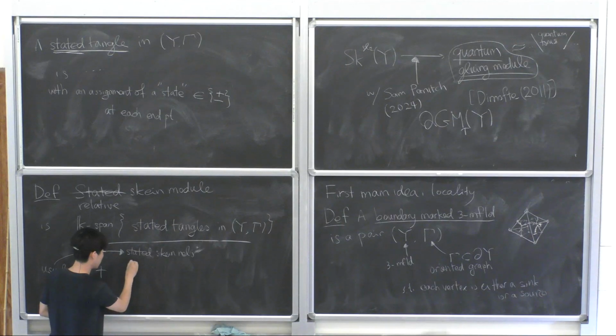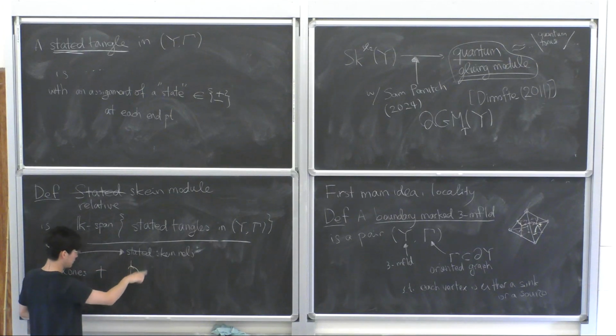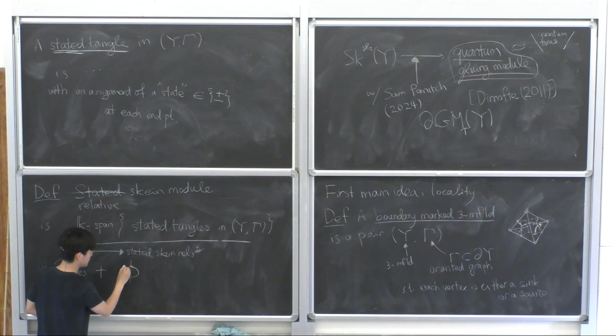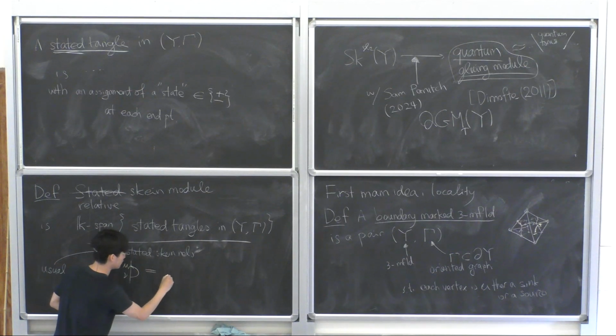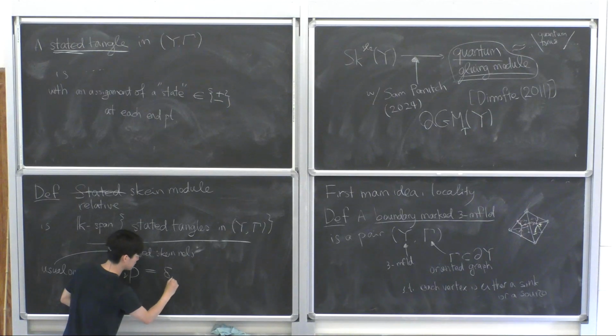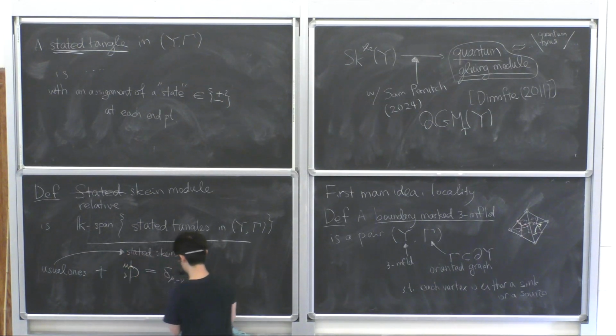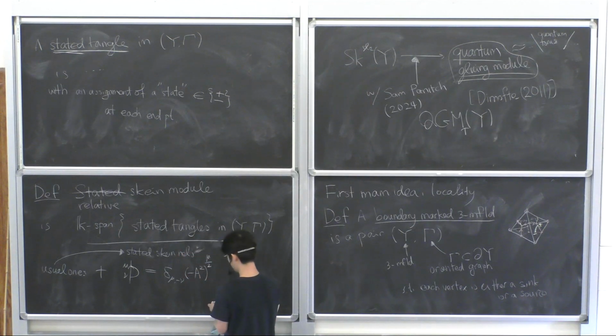Just to give you a sense of what it looks like, let me draw them here. If we have a small C-shaped tangle near the boundary, with states mu and nu, one can evaluate it to a factor, which is the Kronecker delta of mu and minus nu, times some power of minus a squared.